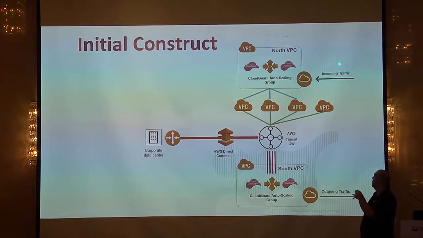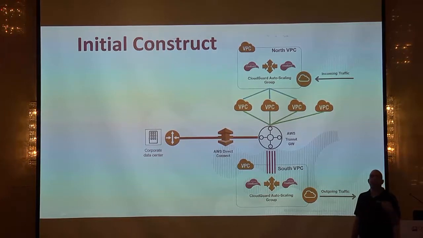No, no. So incoming traffic goes this way. The question was, what about the symmetric nature of traffic? And the answer is that using this design, traffic coming from the internet goes this way, hits the VPC, and then comes back from the same place.